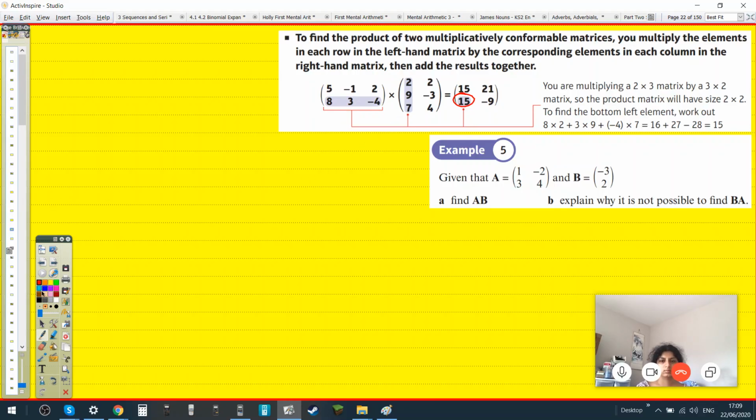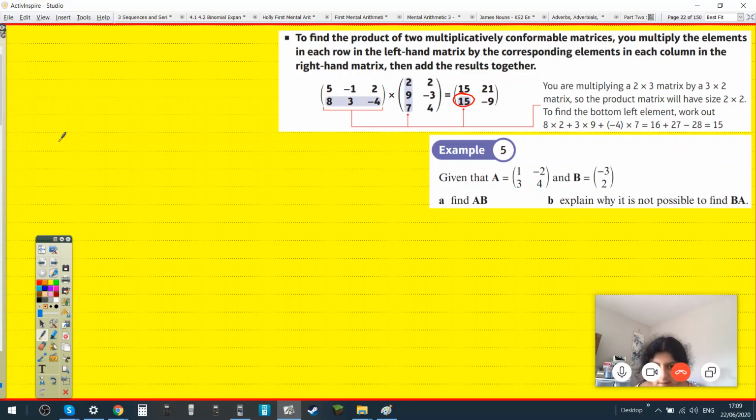Okay, go on. Talk me through it. So you just multiply the row of the first one by the column of the second one. So you do 1 times minus 3 plus minus 2 times 2, which is minus 3.